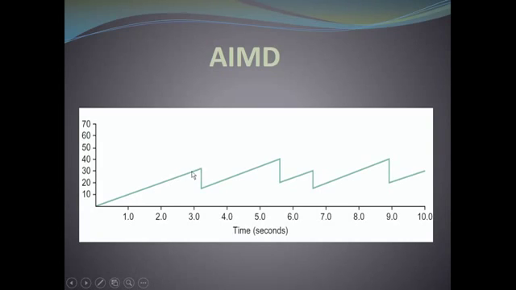Whenever a packet loss occurs, the congestion window size will decrease to half, and after that it continuously increases additively. Whenever a packet loss occurs, it will become half, and so on.